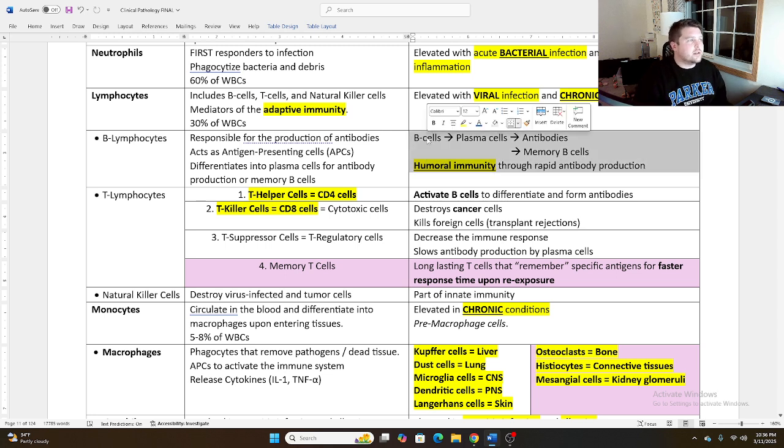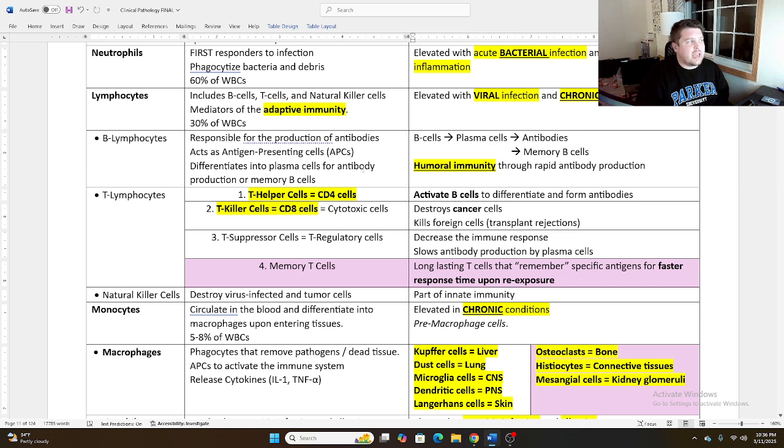The B cells, they differentiate. So when we have some type of issue, some type of viral infection, chronic inflammation, or anything else like that going on, and they get stimulated, they differentiate into plasma cells. Those plasma cells then create the antibodies.